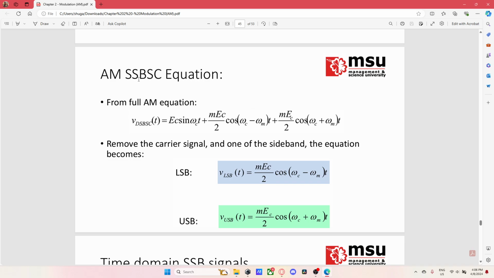So now the single sideband suppressed carrier equation.